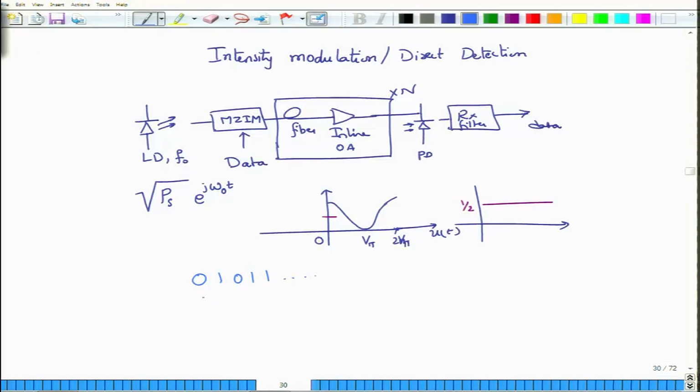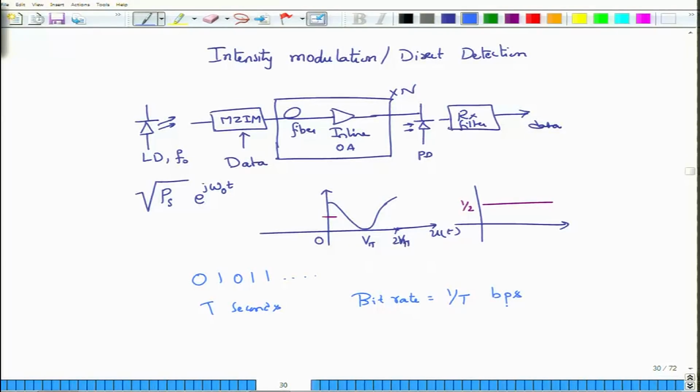Of course, these symbols occur every T seconds, which means that each modulation period or each data symbol period is T seconds, and because one symbol occurs every T seconds, the symbol rate or the bit rate in this particular case will be equal to 1 by T. This will usually be measured in bits per second.